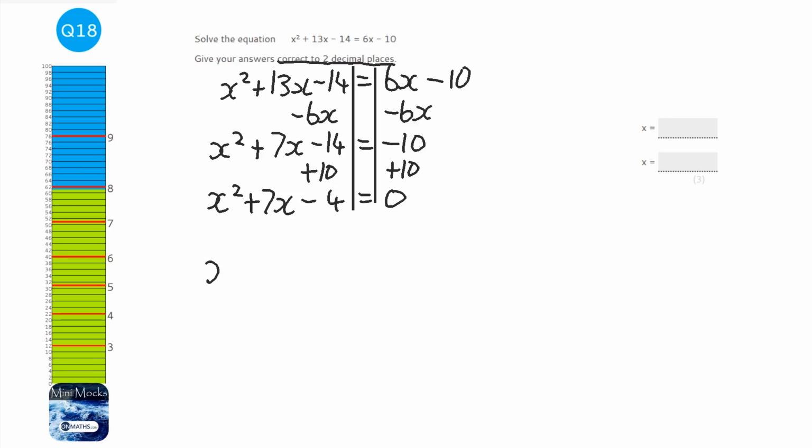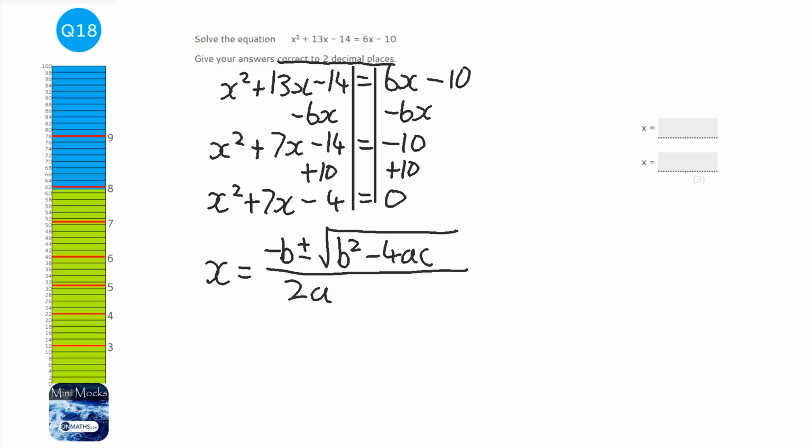So the quadratic formula says x equals minus b plus or minus the square root of b squared minus 4ac over 2a. Now you might say to yourself, well, what is a, b and c? Well, hopefully you don't, because if you're doing this question, I would assume you do know what the a, b and c are.